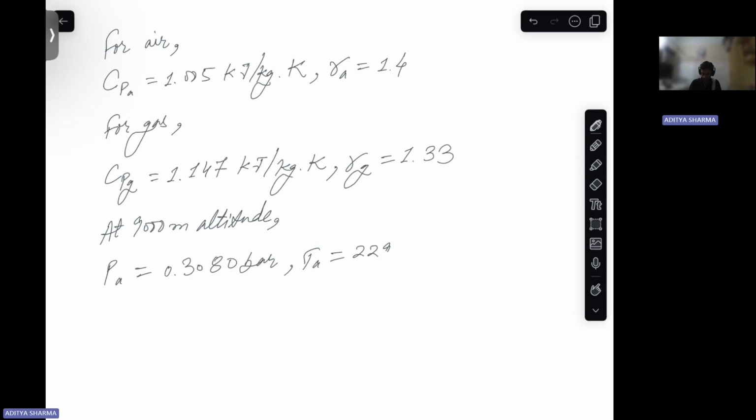Temperature is 229.7 Kelvin. Then speed of sound is 393.7 meter per second.